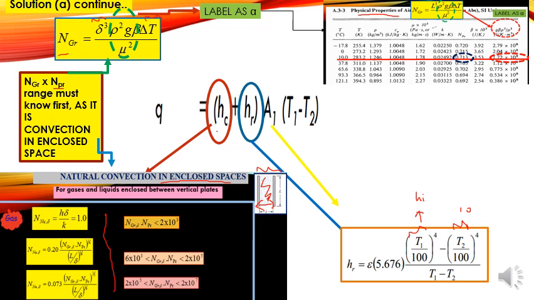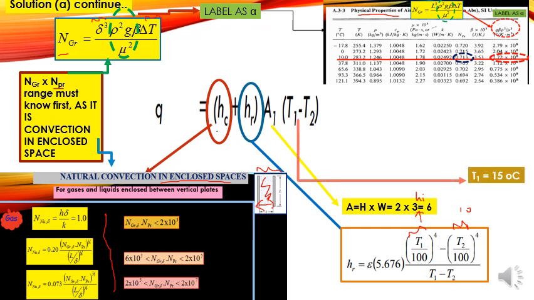And A1, since this is the area of the double glazed window, the dimension is given, so we can just get it directly. And for T1, in this case I use 15 degrees C, which is the higher temperature, and T2 as 5 degrees C.